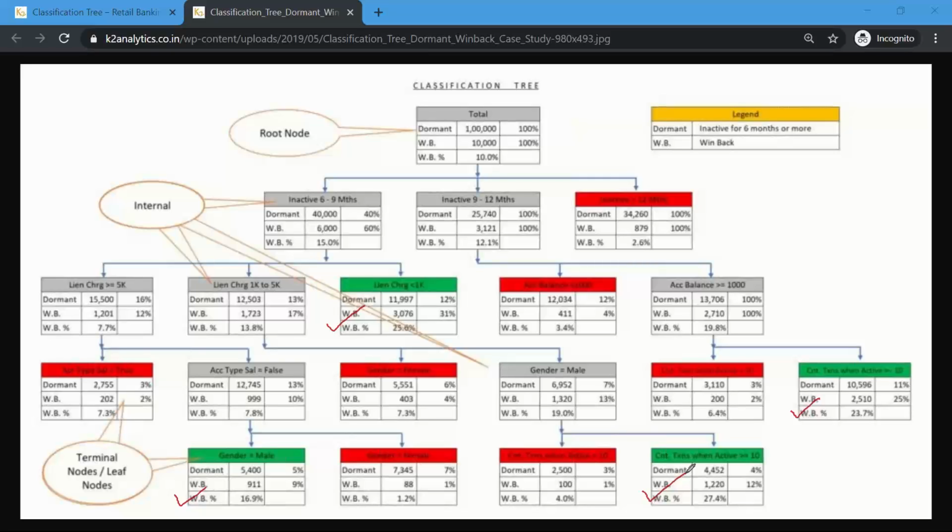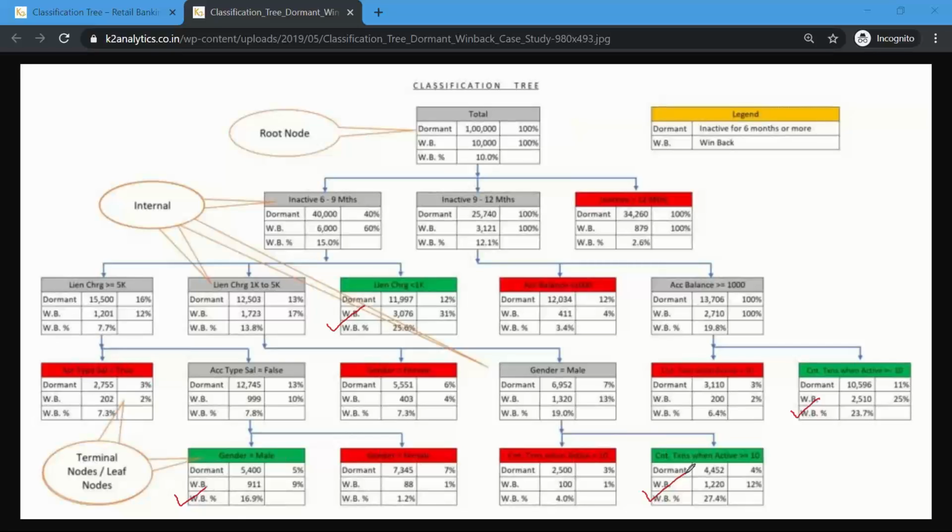So what did the classification tree technique do? The classification technique helped classify your customers and helped you identify which customers are more likely to convert and which customers are less likely to convert.